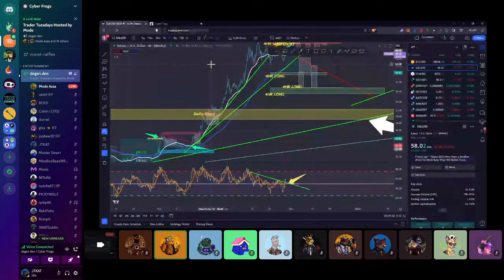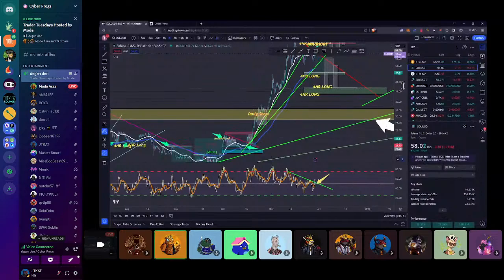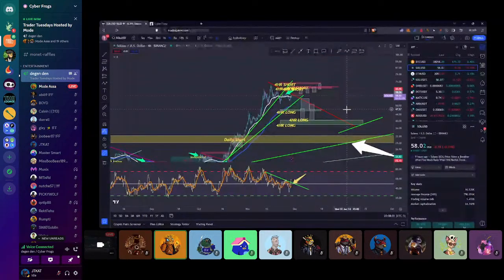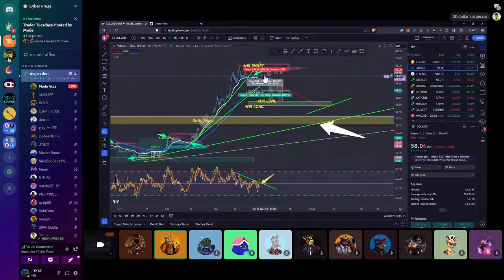It was manipulated so badly that we don't know where the fair price value for Solana is. And in my opinion, Solana is still undervalued. So from a technical analysis perspective, it needs to cool down. It needs to chill out. It needs to retest some of these lower zones.